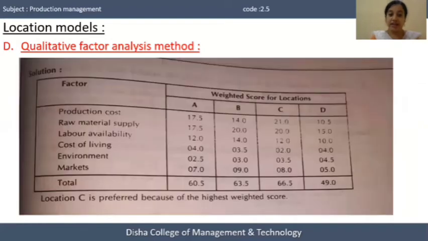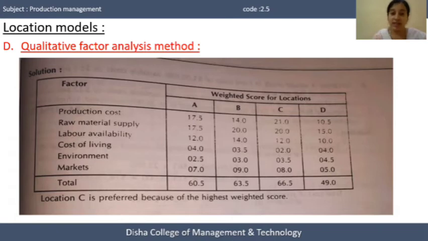After that, he has to calculate the total sum for each location. Then he identifies the sum of the total weightage of different locations, and he can get a conclusion as to which location is suitable for him. After identifying the total weightage of different locations, the highest should be selected by the industrialist for installing his plant.